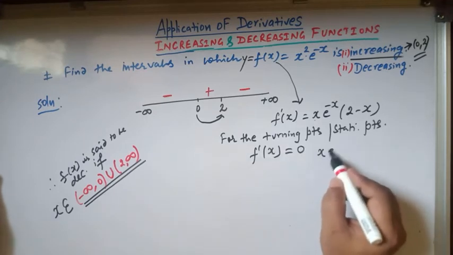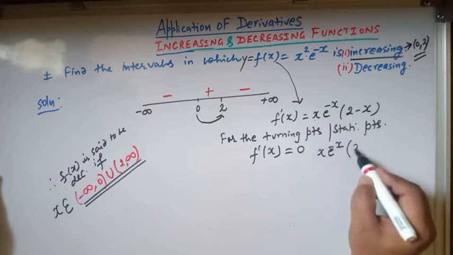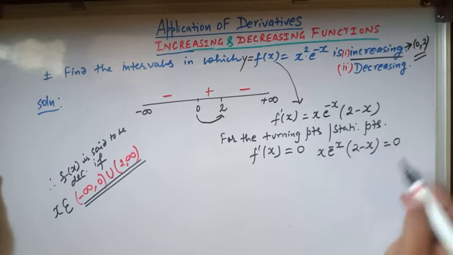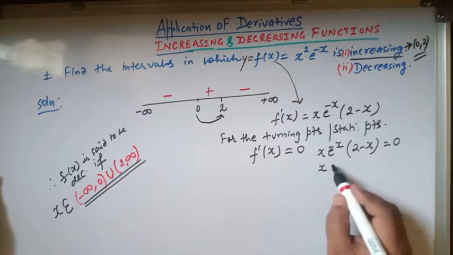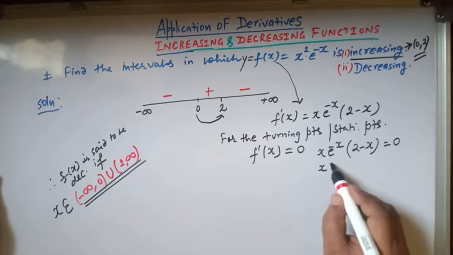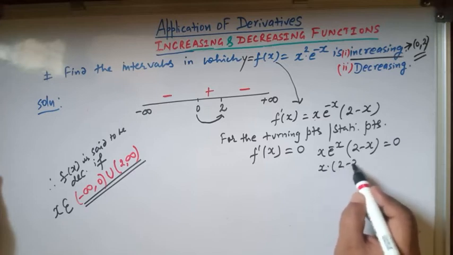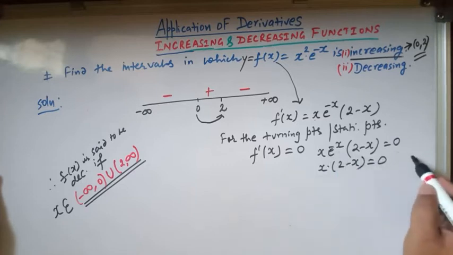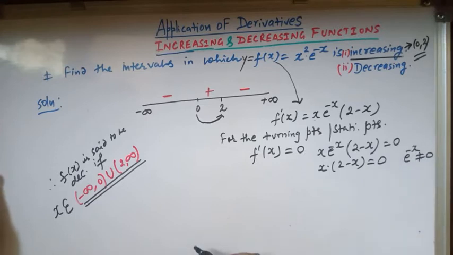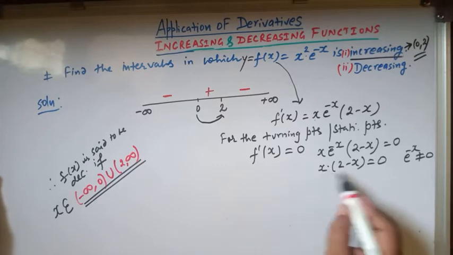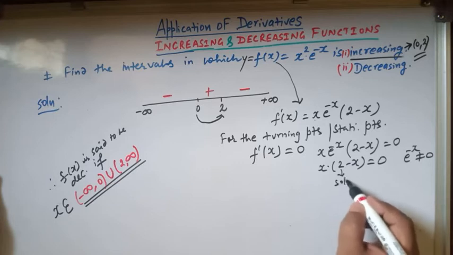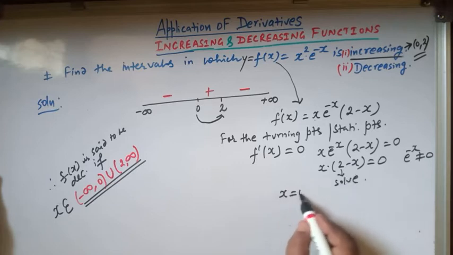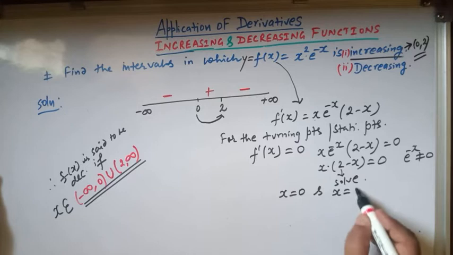So here we have x e raised to minus x, 2 minus x is equal to 0. So this can be written as x times 2 minus x equal to 0, because e raised to minus x is not equal to 0. So if we solve this equation, we get x equal to 0 and x equal to 2.